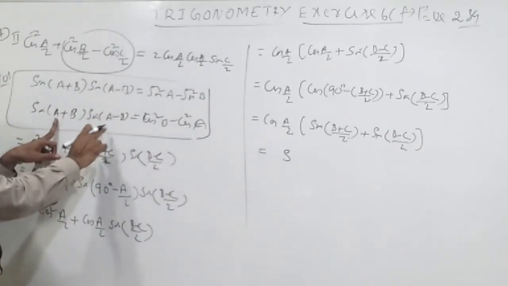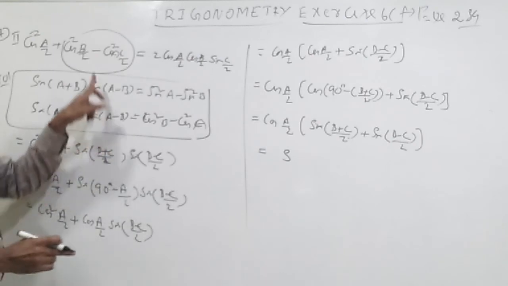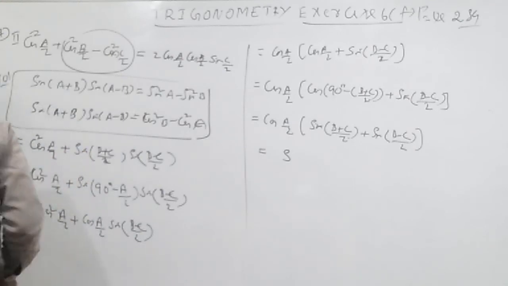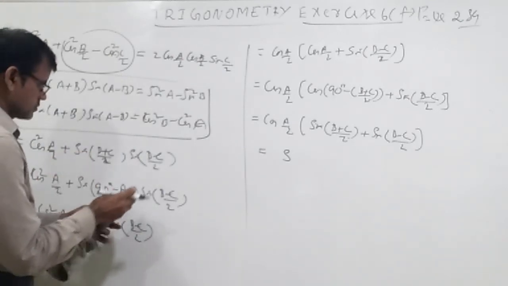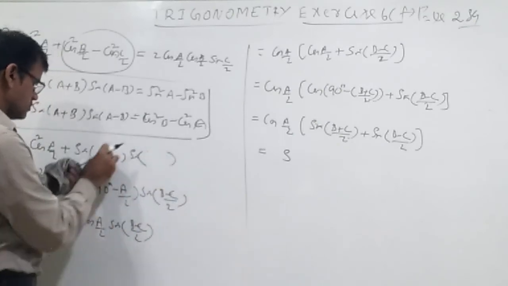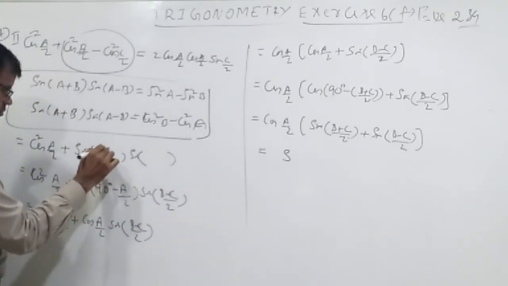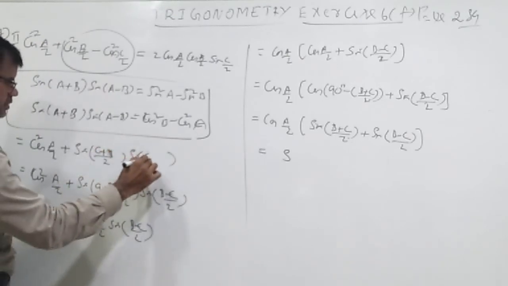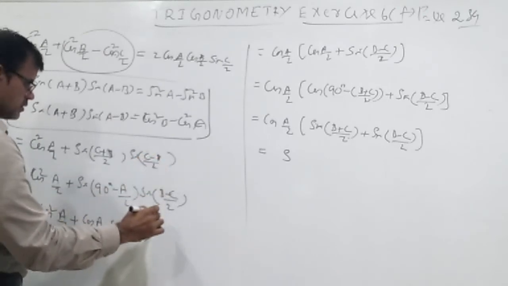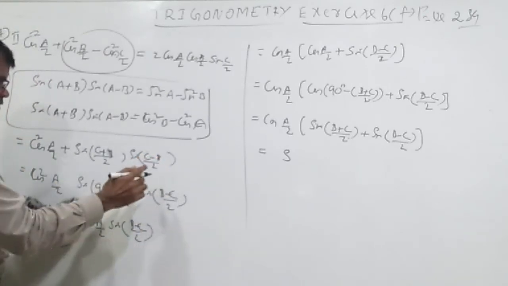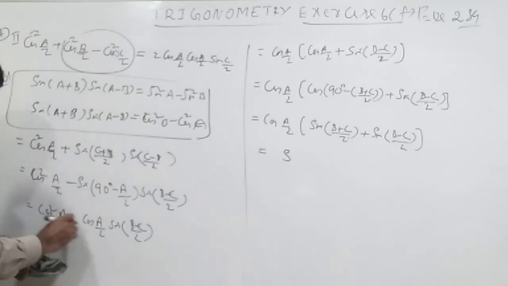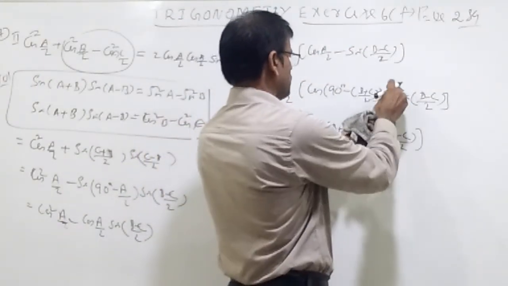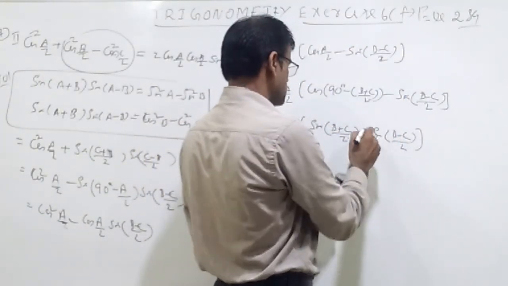Second letter first, so (C+B)/2 into (C−B)/2. Now you can write minus taken common. It becomes minus, because sin of minus θ is minus sin.